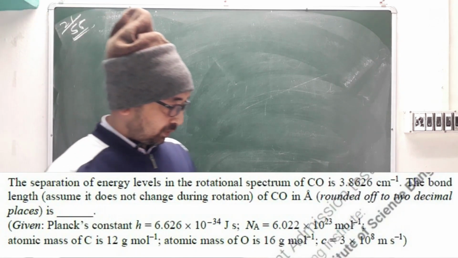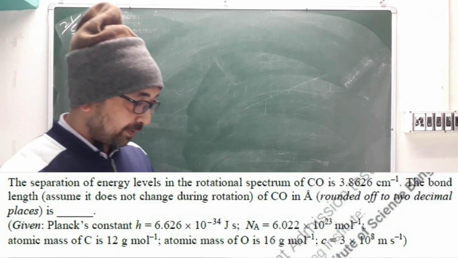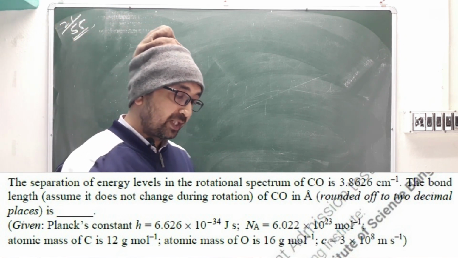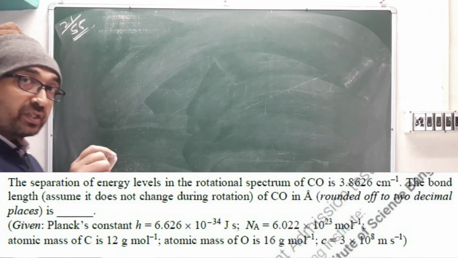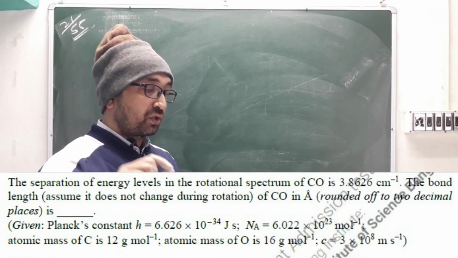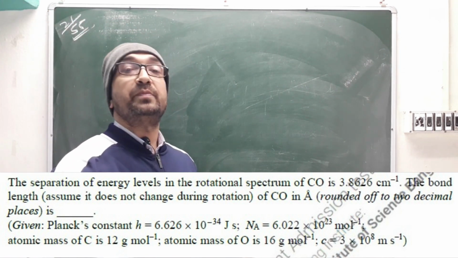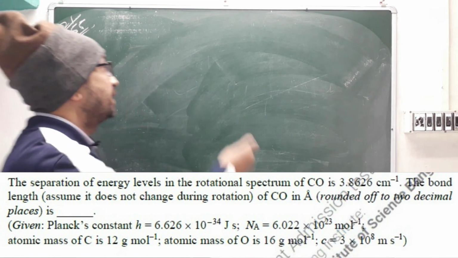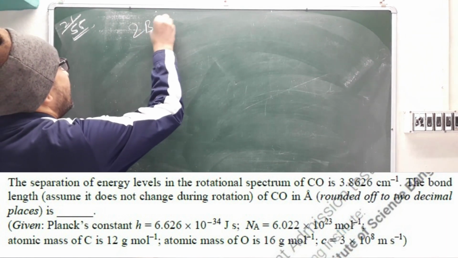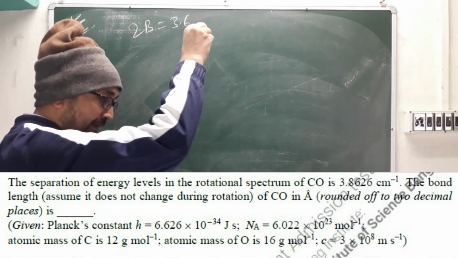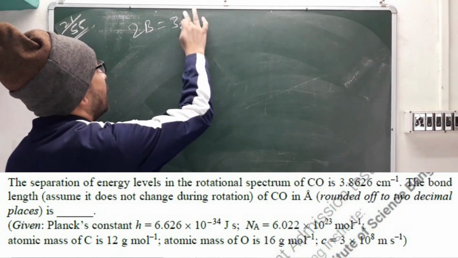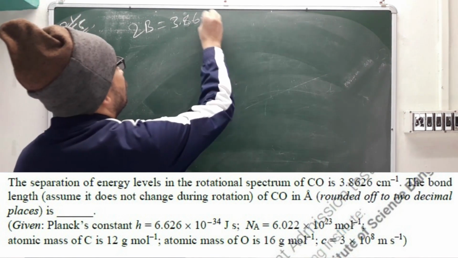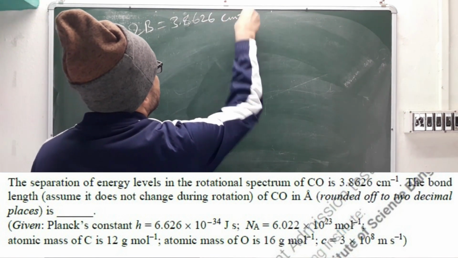You can see the question below. The separation of energy levels in the rotational spectrum of carbon monoxide is 3.8626. It means they are saying that the 2B value is 3.8626 per centimeter.